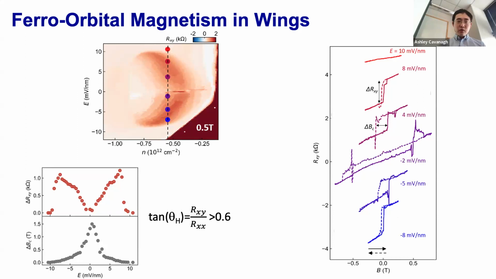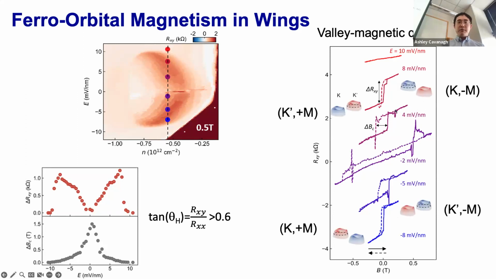Okay, so you have orbital magnetism here, and because we know the microscopic origin of this magnetism is barrier curvature, it is an orbital magnetism. We can tell what states in the hysteresis loop correspond to.